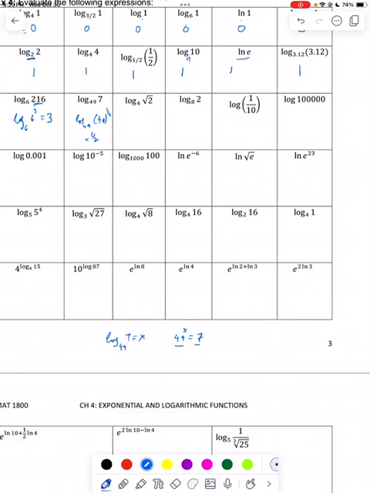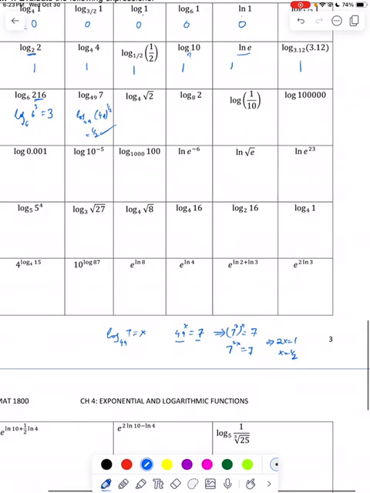So this will be 7 square raised to the power x equals 7, which means 7 raised to the power 2x is equal to 7. Now when the bases are the same, the powers will be the same. This is the one-to-one property of the exponential function. So we say 2x is equal to 1. So x will be equal to 1/2. So the answer here will be 1/2.